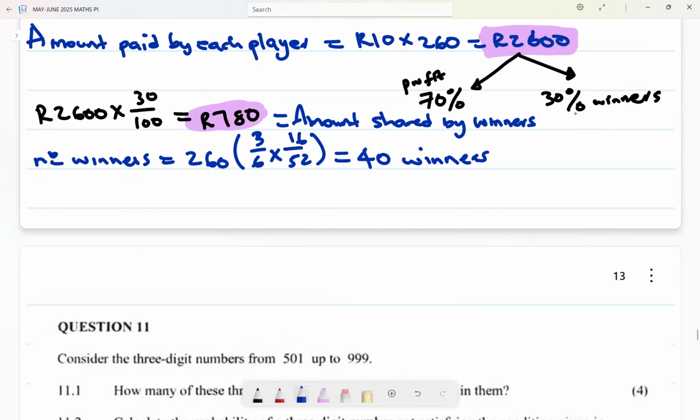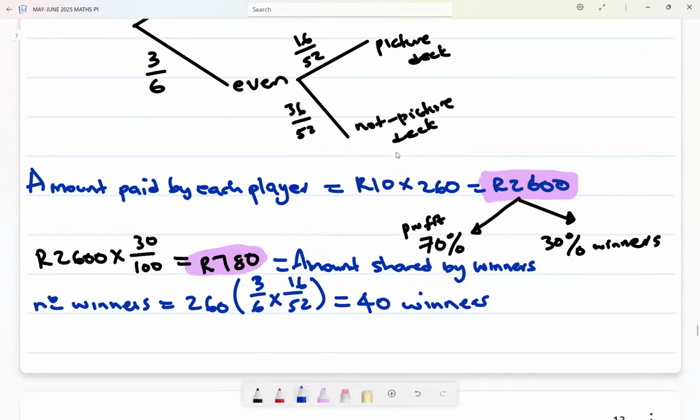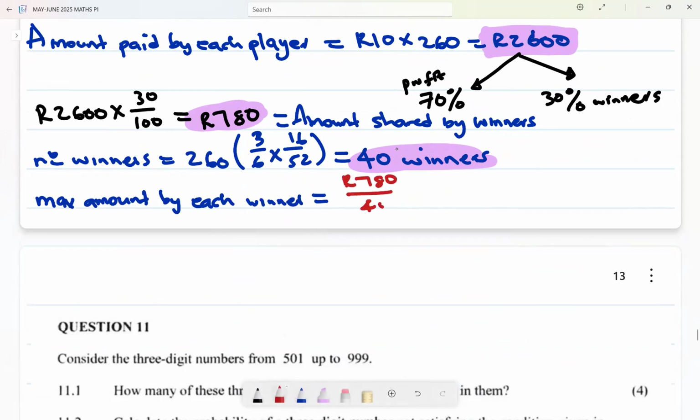So the question is, what is the maximum amount that the owner must pay to each winner? If there are 40 winners, and this is the amount shared by winners, the maximum amount paid to each winner is going to be 780 divided by those 40 winners.